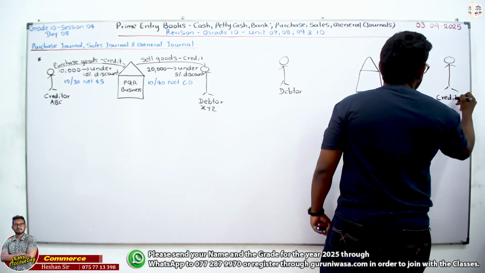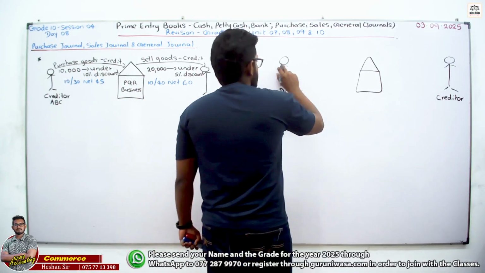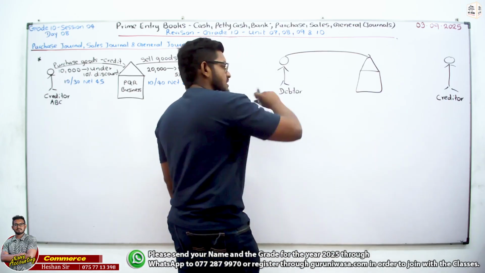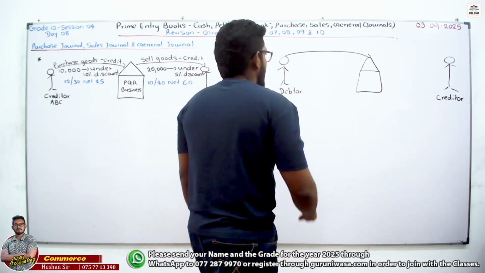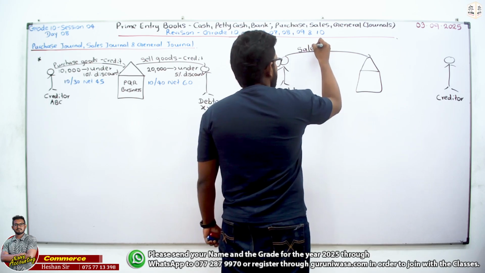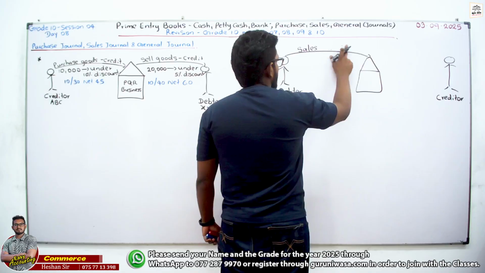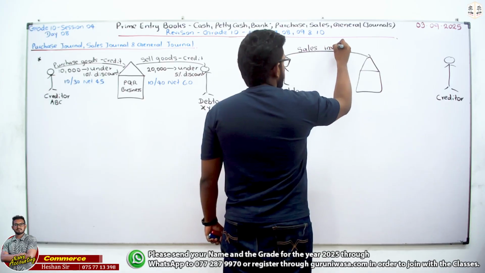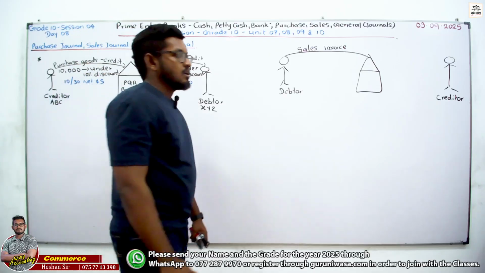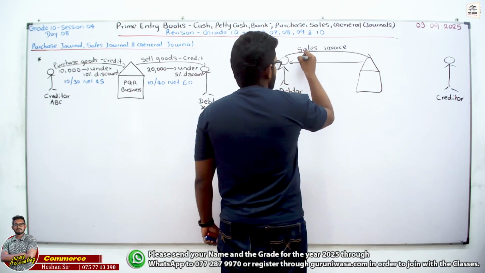Send me a thumbs up. When this business sells goods on credit basis, what invoice does the seller send? From the seller's side, they send the sales invoice. And when this business takes goods, what is the invoice sent for that?